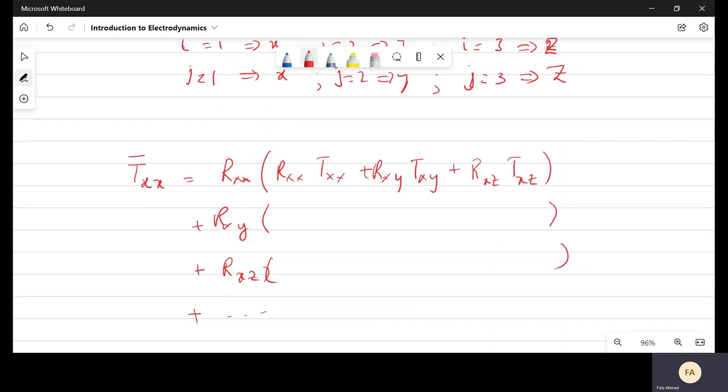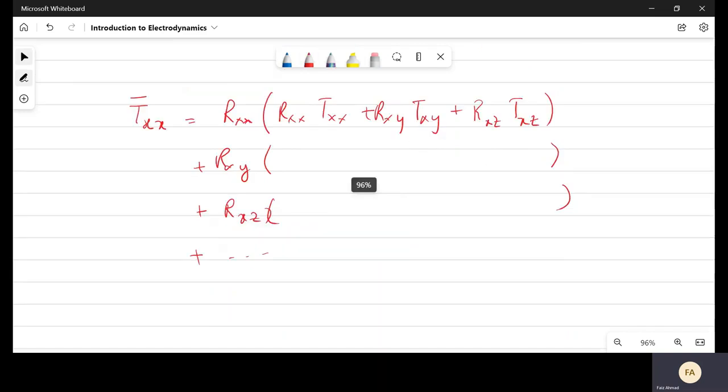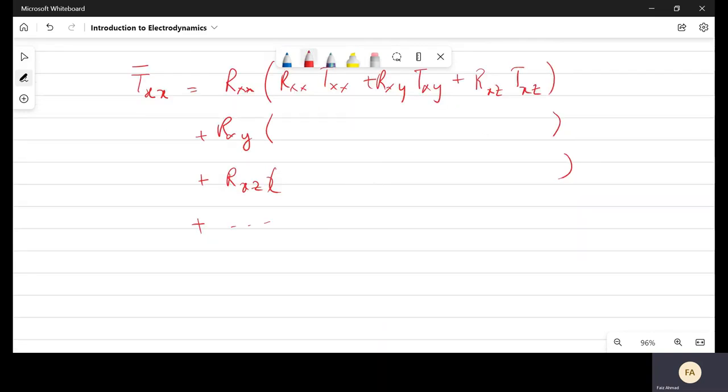So we will have 9 such components, and more compactly we can write it as a double summation: Tij bar is equal to the summation over k from 1 to 3, the summation over l from 1 to 3, of Rik Rjl Tkl, and all the indices go from 1 to 3.